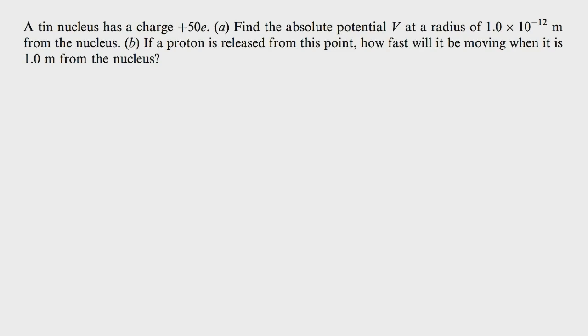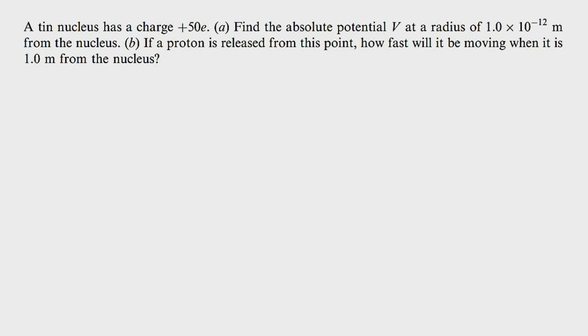The question is, find the absolute potential V at a radius of 1 times 10 to the minus 12 meters from the nucleus. We will make use of the formula, and remember that our radius is 1 times 10 to the negative 12 meters from the nucleus.